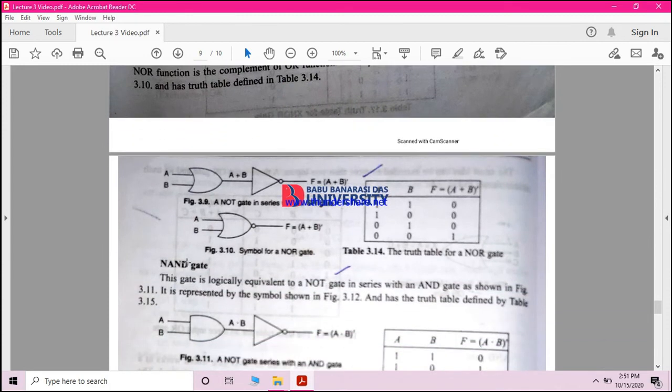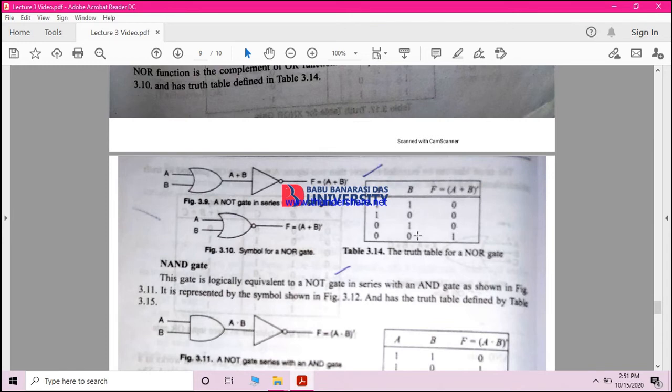So basically this is an OR gate, and you have applied it, and this will give you A plus B, and you have just applied a complement, meaning the complement of A plus B. This will give the truth table's complement.